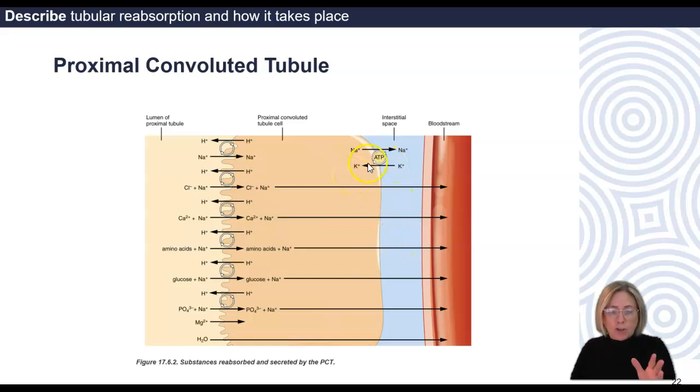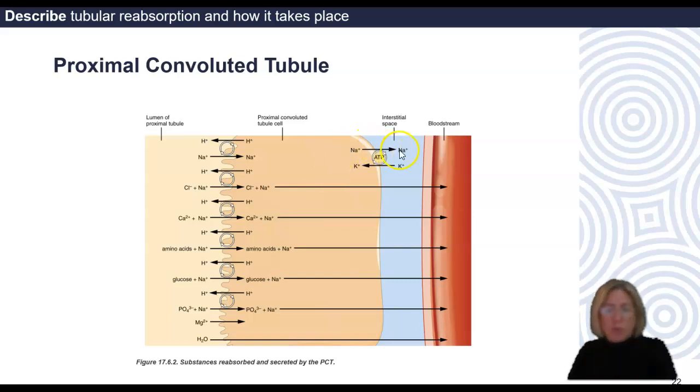Now, this is really intriguing. What drives reabsorption is this pump here. So we have a sodium potassium ATPase. It requires ATP, right? And it's moving sodium into the interstitial space from these cells lining the proximal convoluted tubule, at the same time putting 2 potassiums back in.